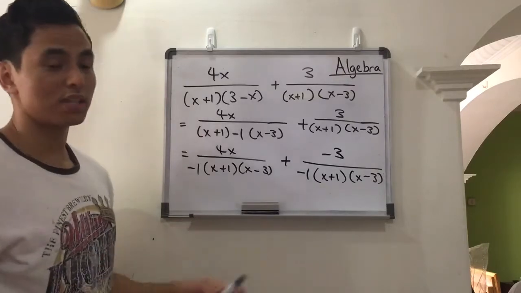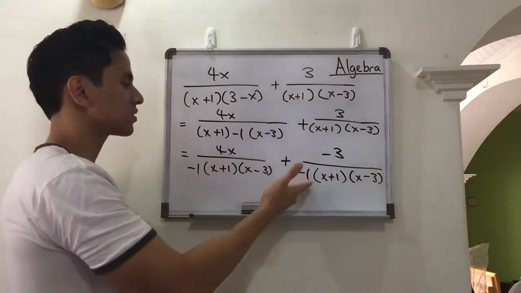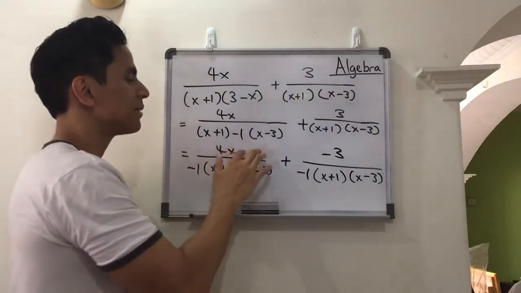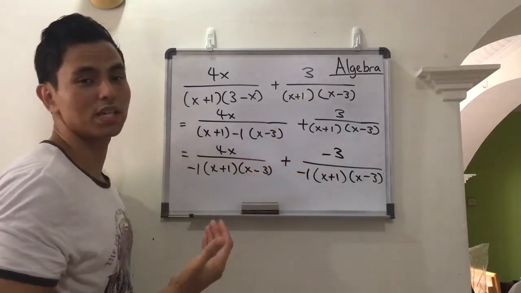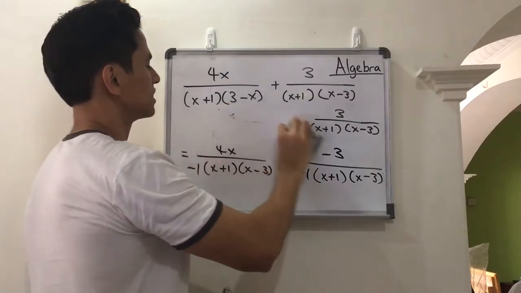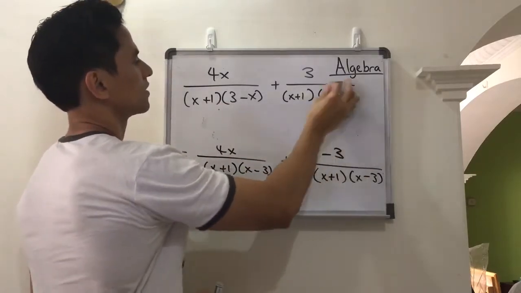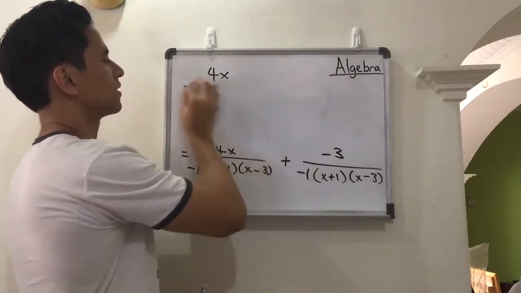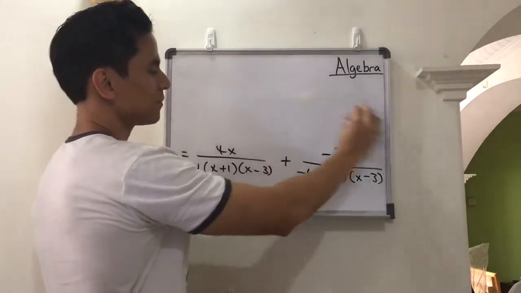So therefore, it's fine. We can now just go ahead and sum the two numerators and we will be getting our answer already. So now it's just simple as such. This will be the last and final step.